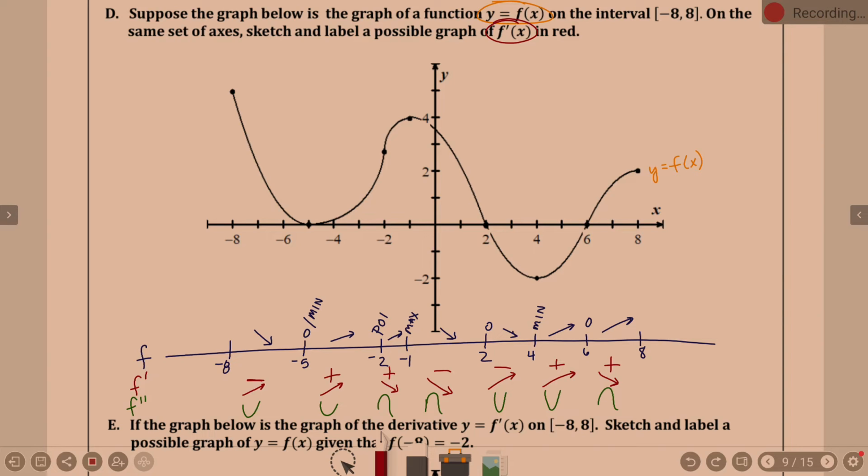When the original function is concave up, that is a positive second derivative, which would be a positive slope on the first derivative.